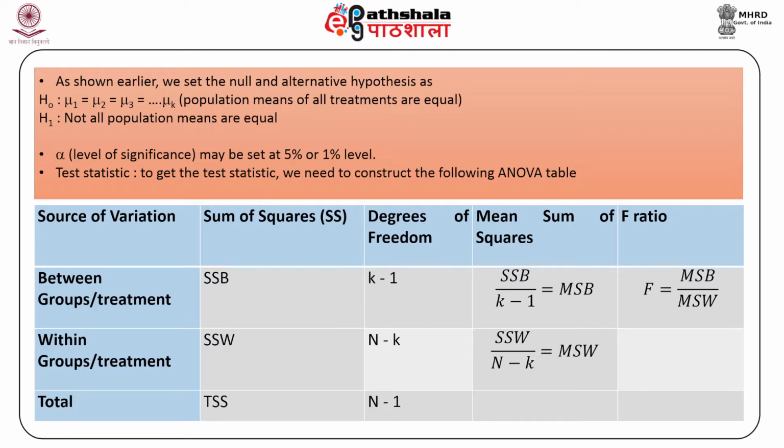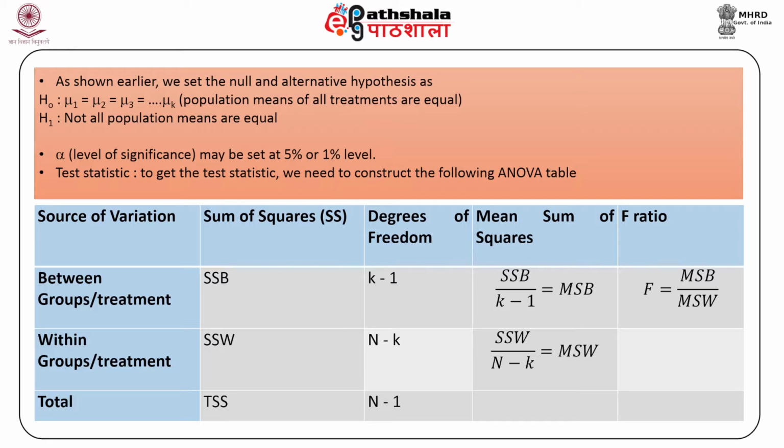The second thing which we have to understand is alpha, the level of significance, which may be set at 5%, which is generally the case, or at 1% level.